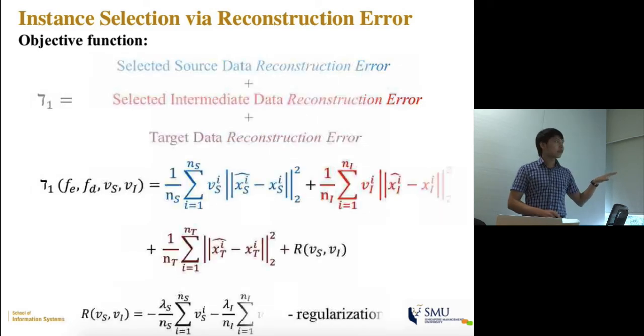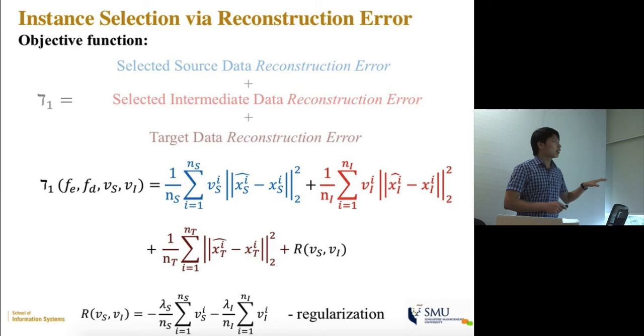And this is a mathematical expression for the reconstruction error, in which you need to learn the pair of encoder and decoder, and then you also need to learn a decision vector.